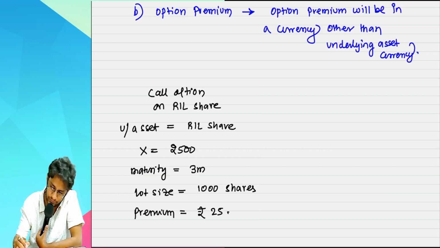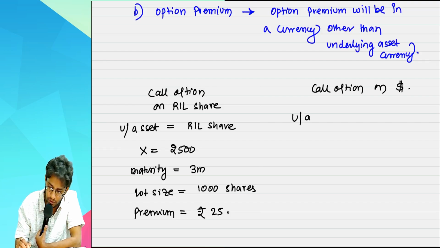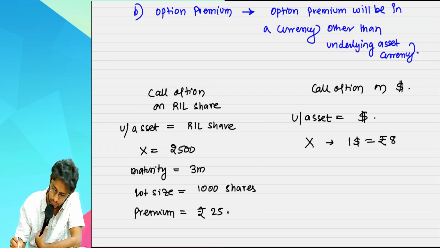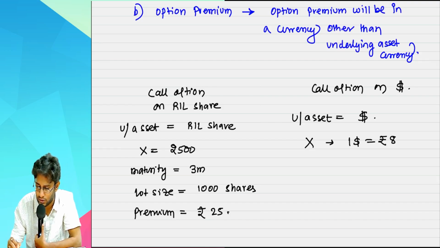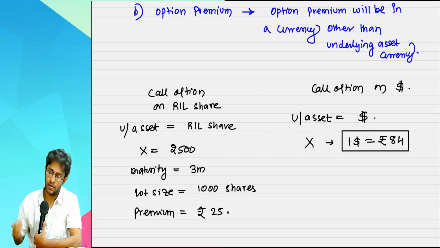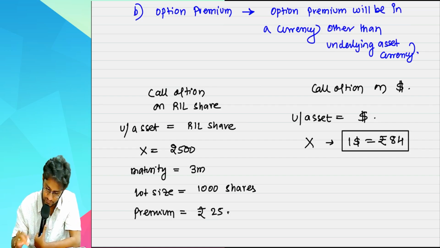Look at this side by side. I'm writing a call option on dollar. Underlying asset will be dollars. Strike price is $1 equal to rupees 84, as the rupee has reached a lifetime high. Very nice.